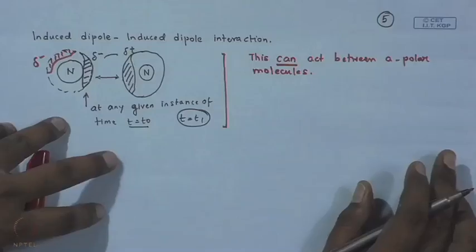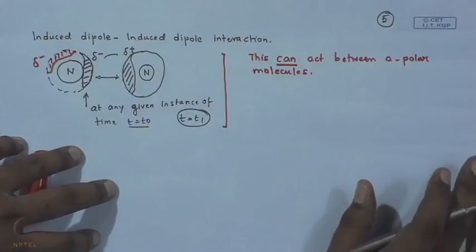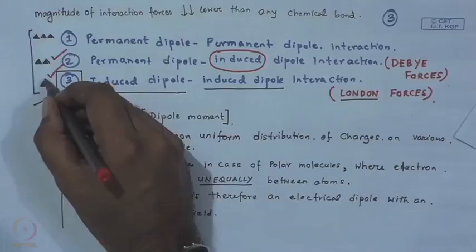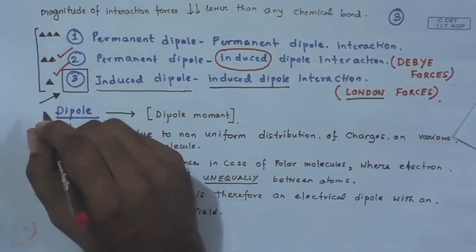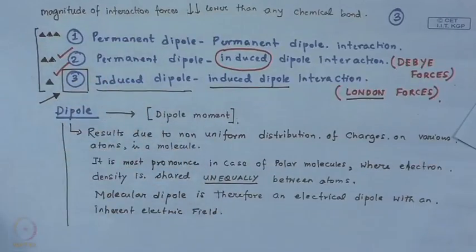But here the most important thing is that even in apolar molecules, where there is no permanent dipole present within the molecular structure, these forces can act. Even if you have polar molecules, these forces are present there as well, but they might not be dominant, as their magnitude is weaker than any interaction that involves a permanent dipole.